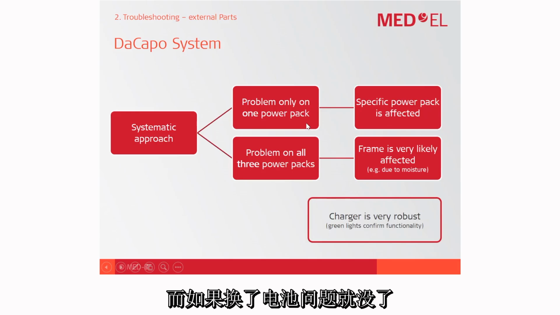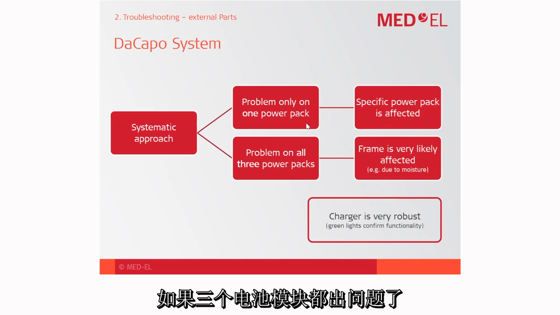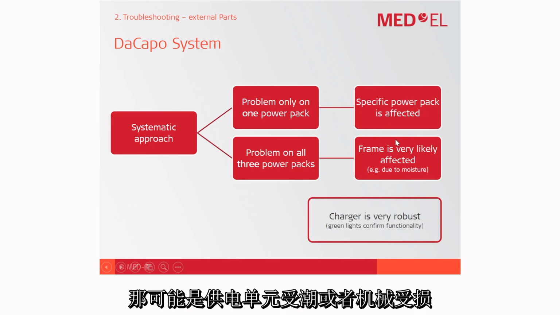So if the problem is only associated with a single power pack, then we would assume that this specific power pack is affected. If it's observed with all three power packs, then maybe the battery frame is affected, possibly due to moisture or mechanical damage.